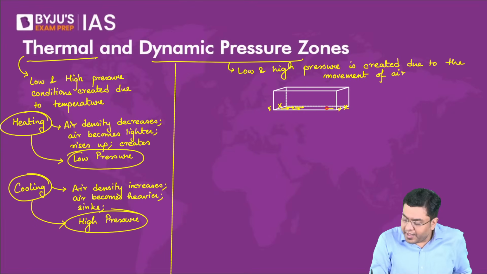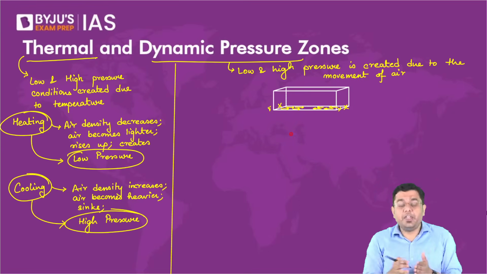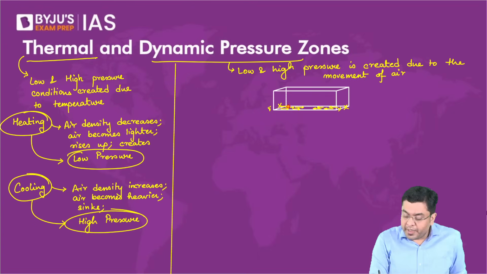Now, this air, when it is coming, confronting each other, what will happen? This air has got no other place to go. It is attacking each other. This air is basically moving here towards each other.